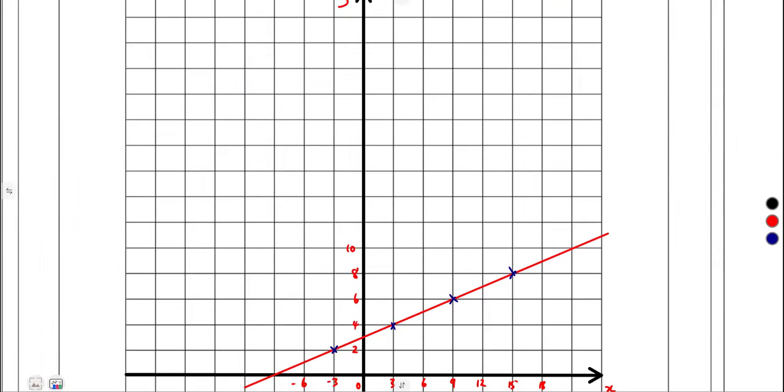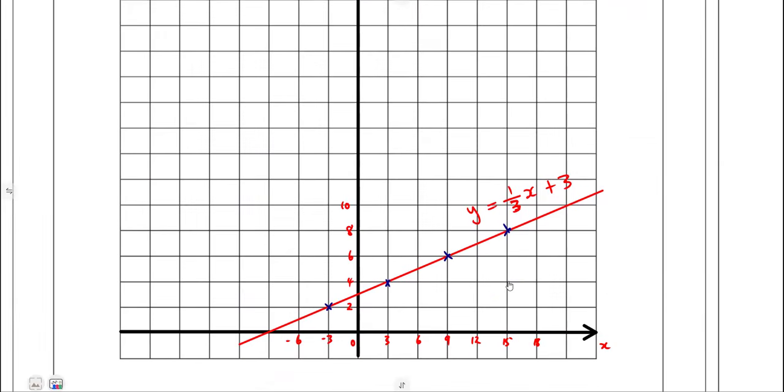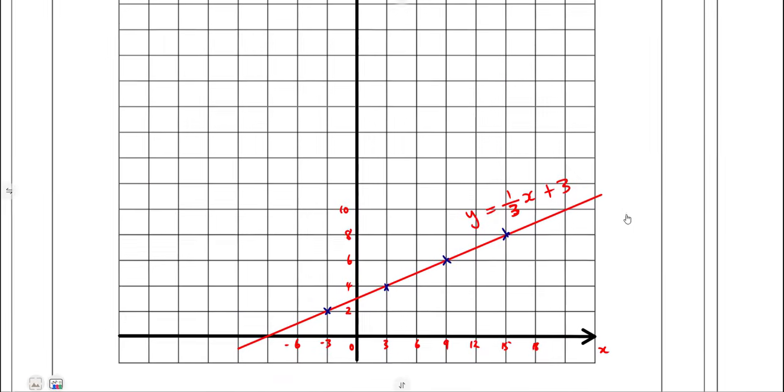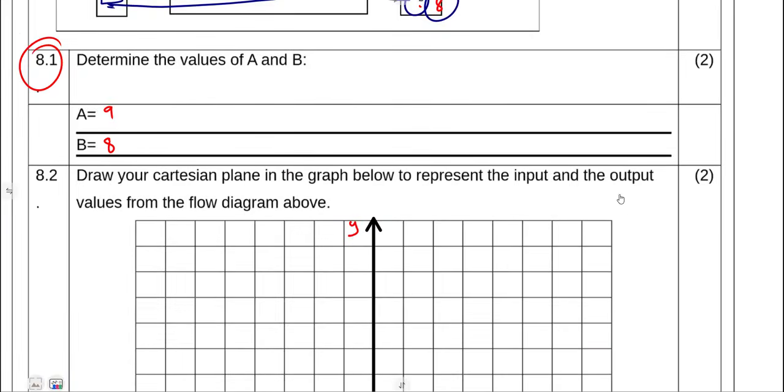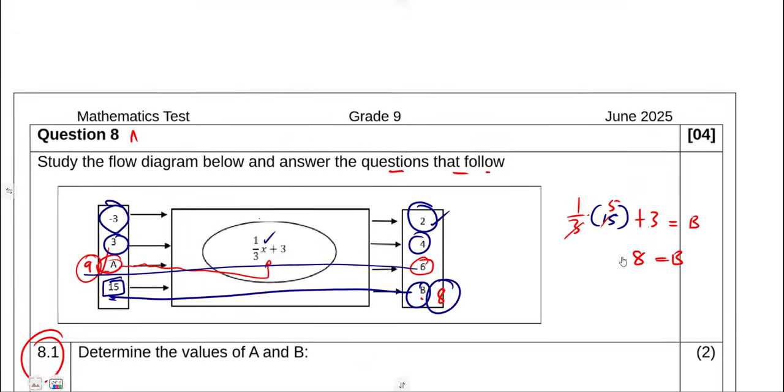So that's our rule that we are going to write here. y equals 1 over 3 x plus 3. So you've represented this on a Cartesian plane from what we're given before. That is how these questions can be given. And this was the last part of our question, which is question number 8.